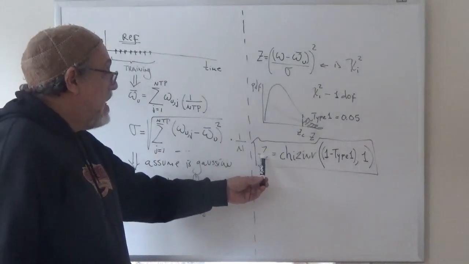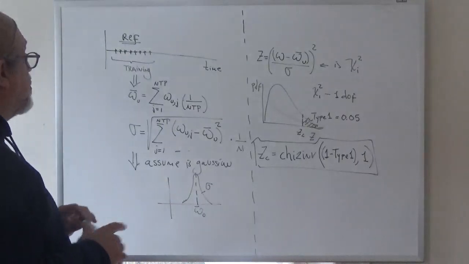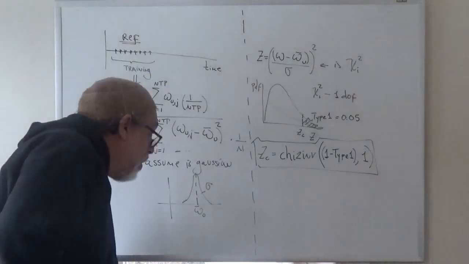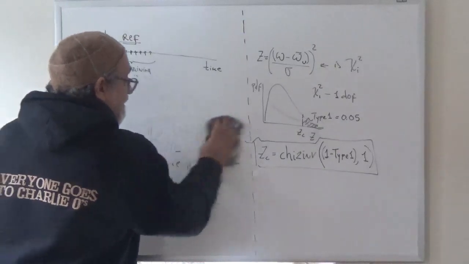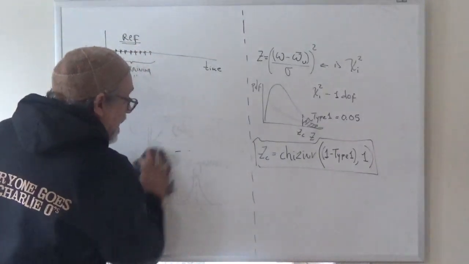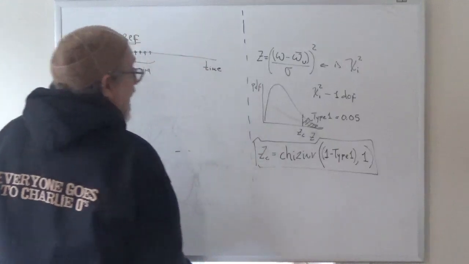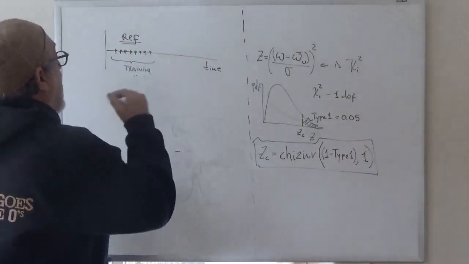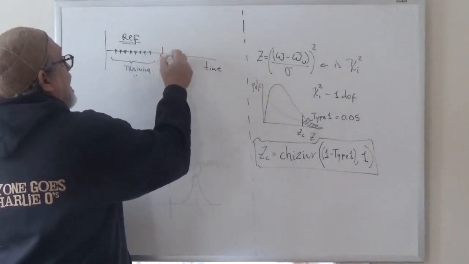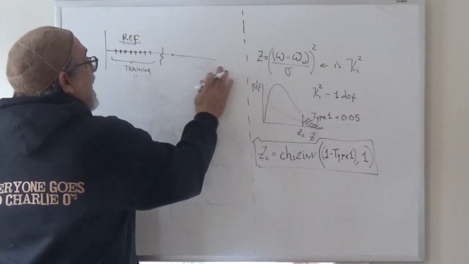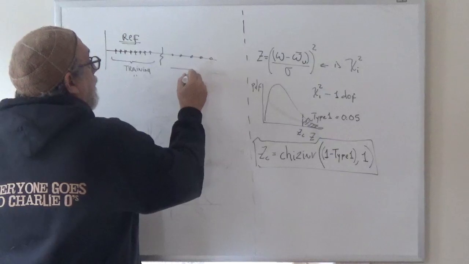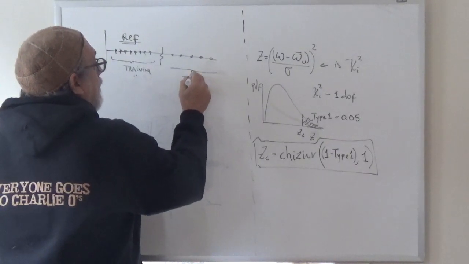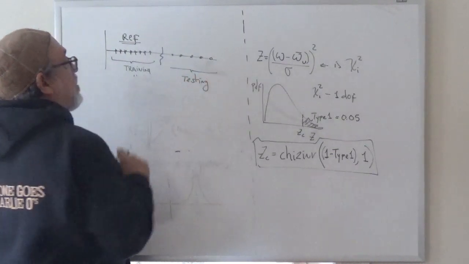That ZZ is a number. You could set it from the outset. Now, once you have that ZZ, or you could calculate it from the beginning, you continue and say, okay, let's say this is our test time. So testing.